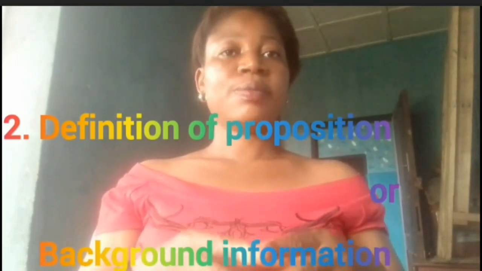Yes, because a lot of arguments and disagreements come up because a lot of people are poorly informed. So in this second paragraph, you will define the subject matter of the debate or give your background information. You may even sketch the history of the event leading to the present argument. In that way, you will help your audience to really understand what you are talking about.